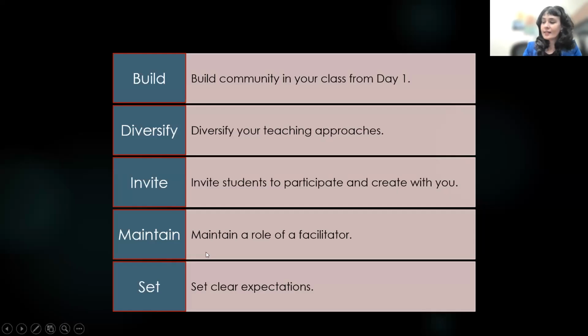All right, so the second half of my presentation is about culturally responsive teaching strategies. Like I already mentioned, culturally responsive teaching is a pedagogy, which means there are so many different things you can do, different activities and strategies that would align really well with it.